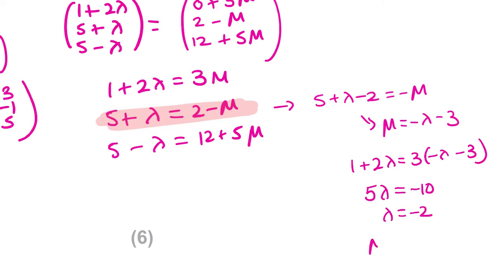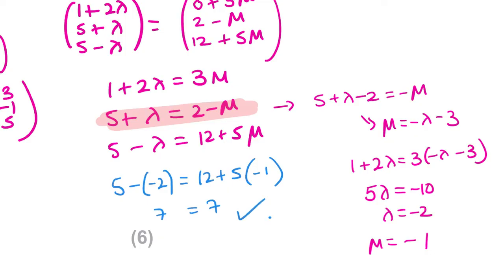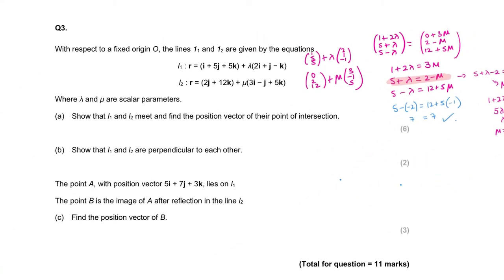So that means mu equals positive 2 minus 3, which is negative 1. Okay, let's see if that works in the last equation. So 5 minus lambda, 5 minus negative 2, that's 7. Does that equal 12 plus 5 lots of negative 1? 7 equals 7. Yes, okay, so I've checked it in all 3 then.